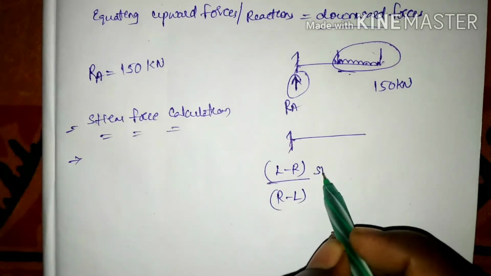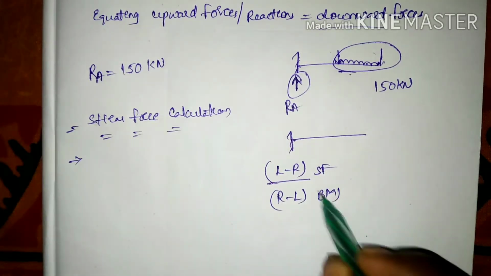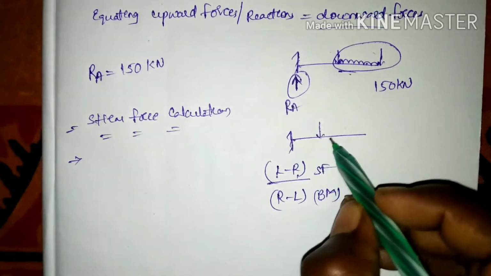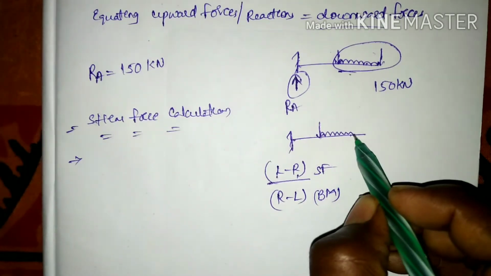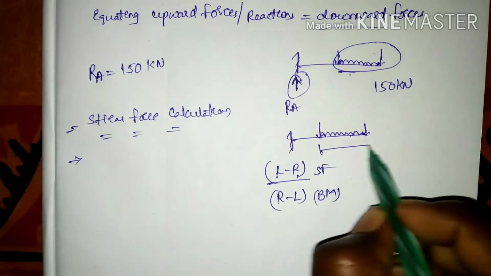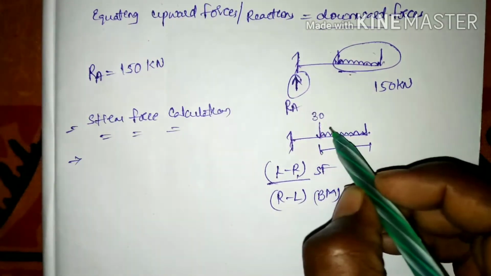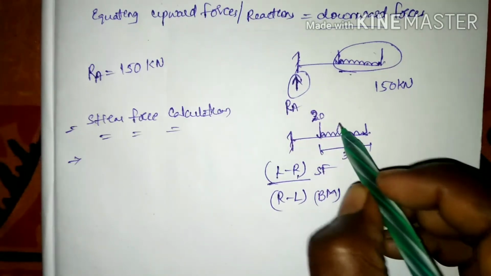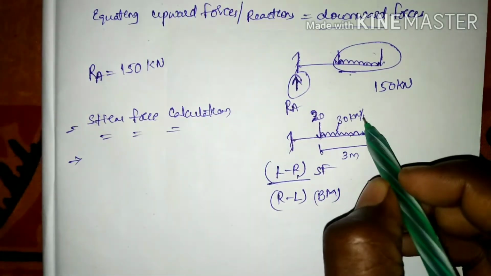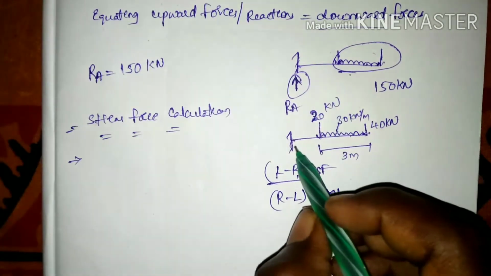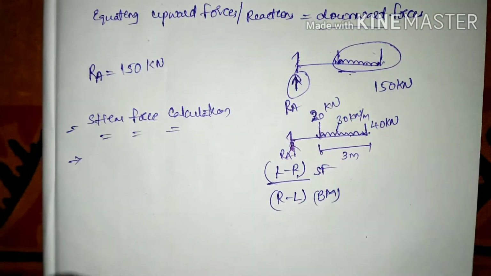Just simply, this is shear force and this is bending moment. From left to right, we are going to take the loads from the left side. This is 3 meters. This is 20, this is 30 kilonewton per meter and this is 40 kilonewtons. Here we have RA.